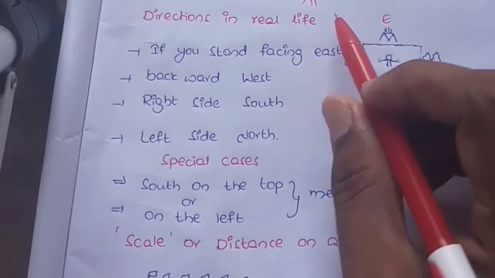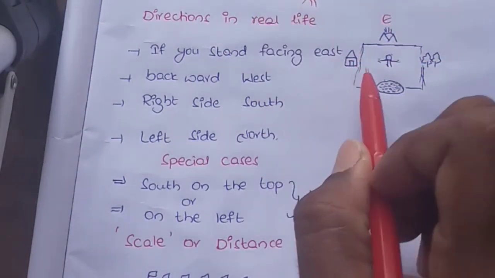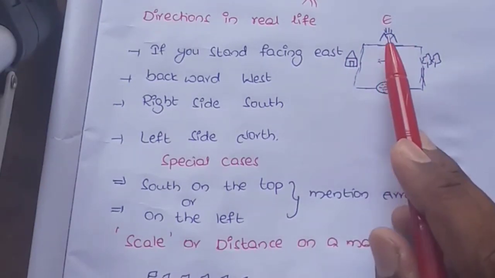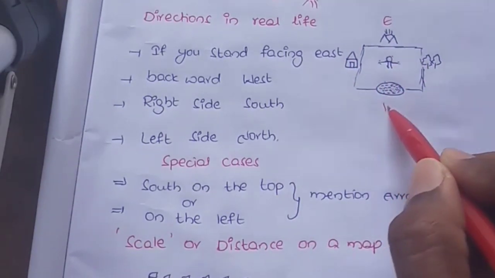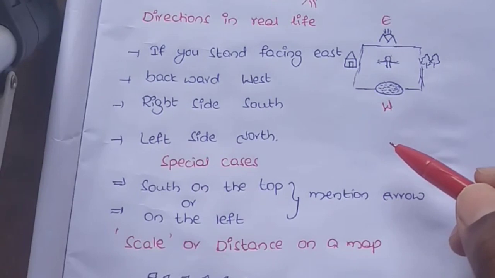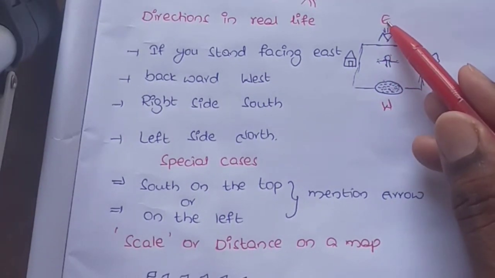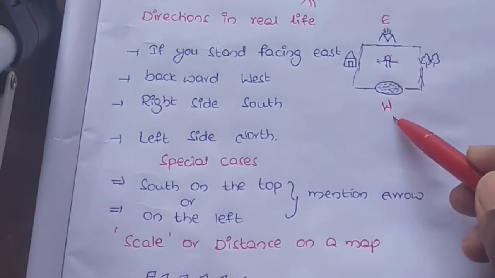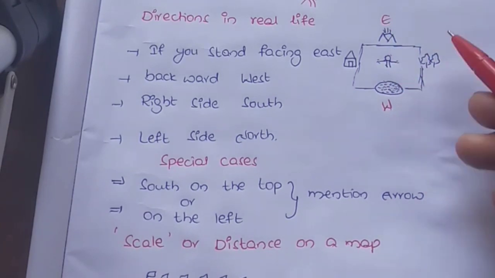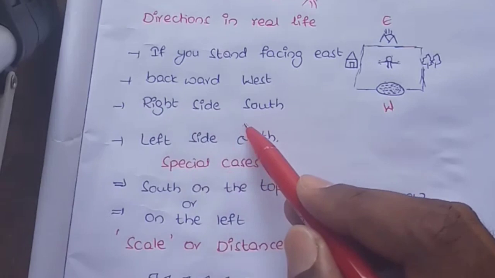It is not related to the map. So it is in real life. Behind him automatically becomes the west direction. If you are standing facing the sunrise, which becomes the east direction, the back of you is the west direction. Coming to the right side, that is south.